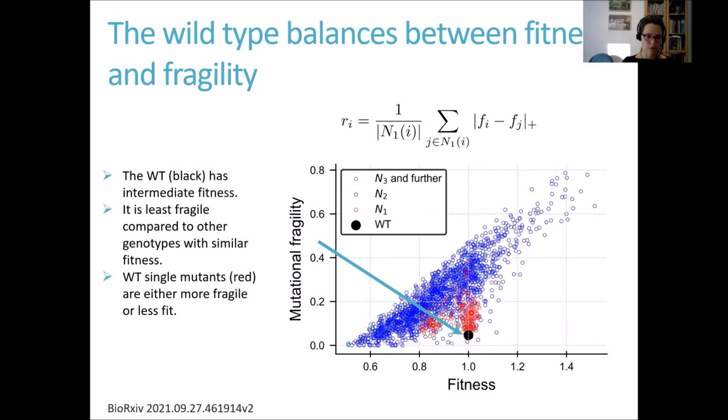Also, if we compare it to its single mutants, many of them have similar fitness, as we saw before. So they are concentrated here near 1 fitness. Amongst them, it is one of the least fragile genotypes. To answer the previous question, what we saw for the wild type seems not to be typical. The wild type is unique in where it is located in this space.